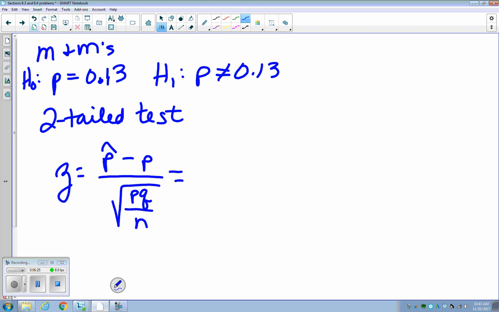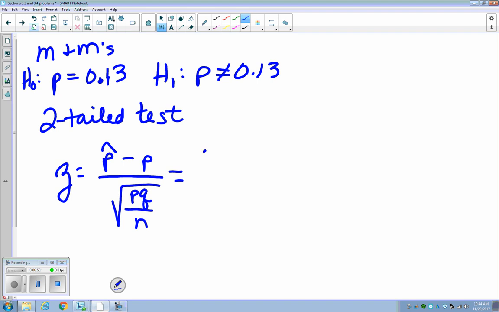What's p hat? 0.08. Remember that p hat is always the proportion of the sample that I took, not the population. P is the proportion for the population. Okay? And Q is the opposite, right? 1 minus P.